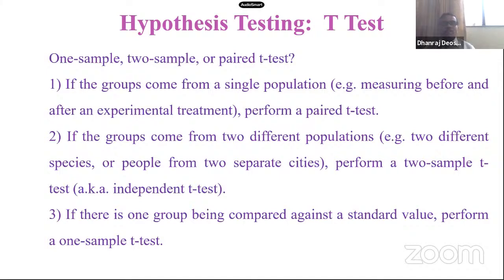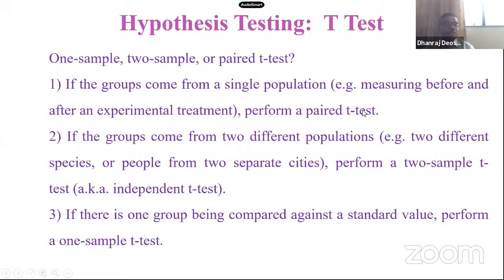Your sample is the same and from the same population, but you are taking the observations before and after the experiment, or before and after treatment. The sample remains the same, but we take the measurement before and after. That is called a paired t-test.